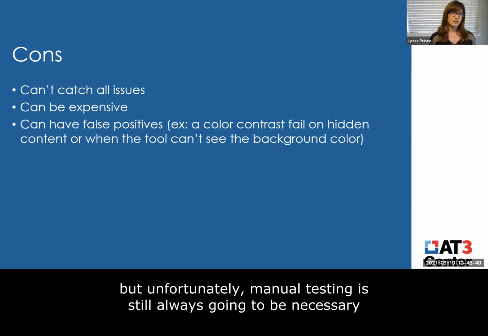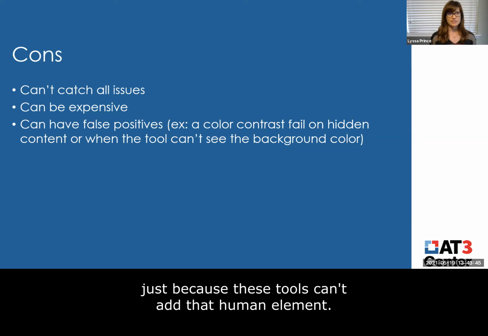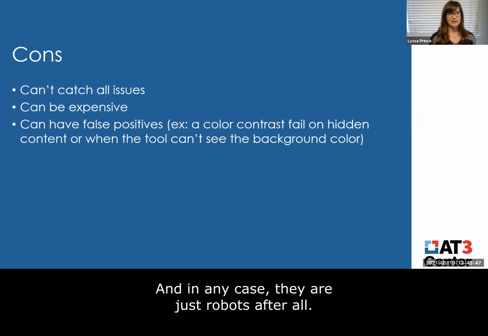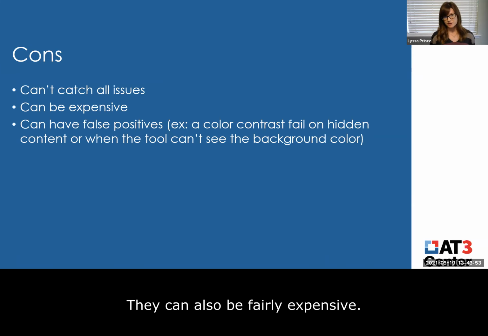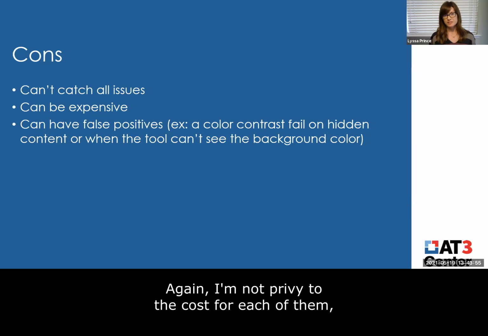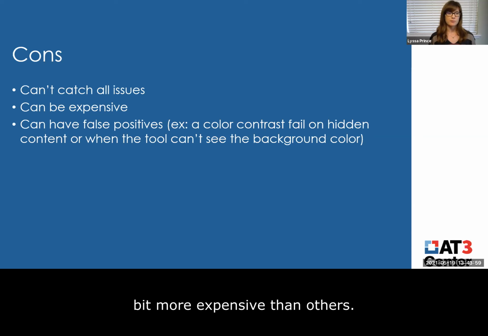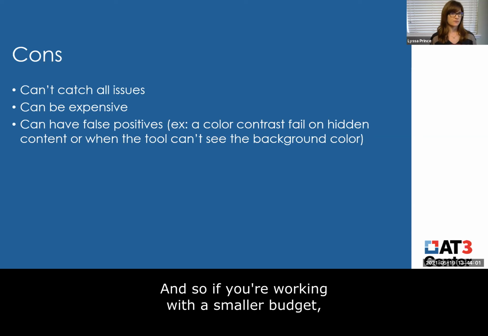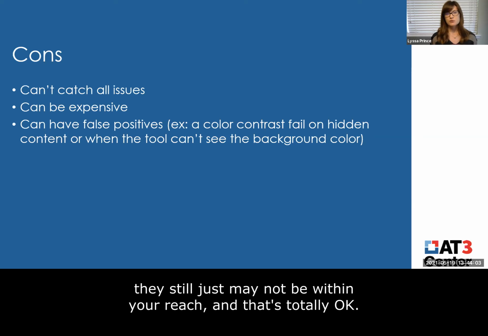But unfortunately, manual testing is still always going to be necessary, just because these tools can't add that human element in any case. They are just robots after all. They can also be fairly expensive. Again, I'm not privy to the cost for each of them, but I do know that some of them are a little bit more expensive than others. And so if you're working with a smaller budget, these tools just may not be within your reach, and that's totally okay.